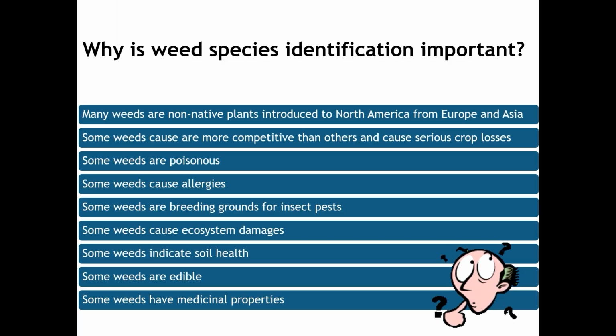Some weeds are poisonous, some cause allergies, some weeds are breeding grounds for insect pests, some even cause ecosystem damage, whilst there are some positive benefits to weeds, such as weeds can indicate soil health, some weeds are edible, and there are many weeds that have medicinal properties.